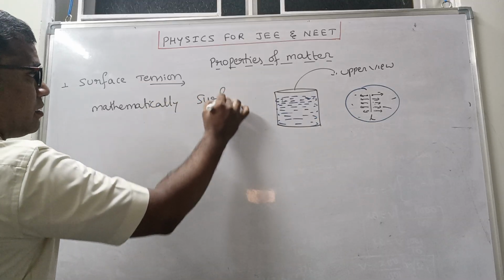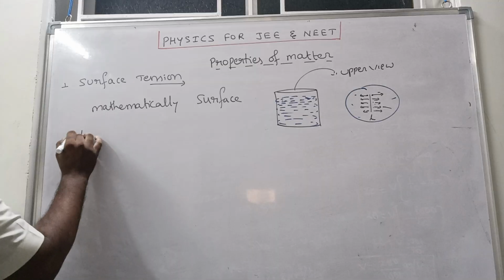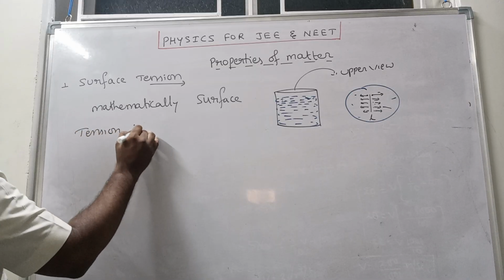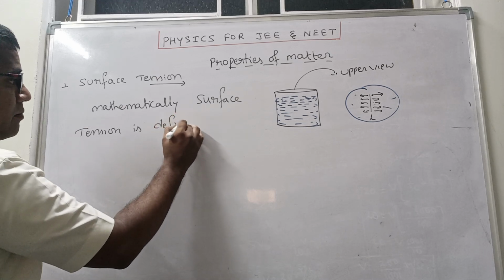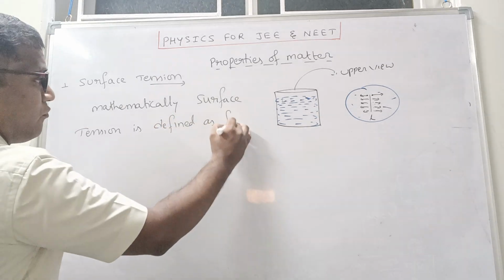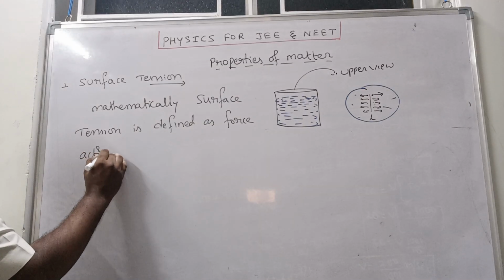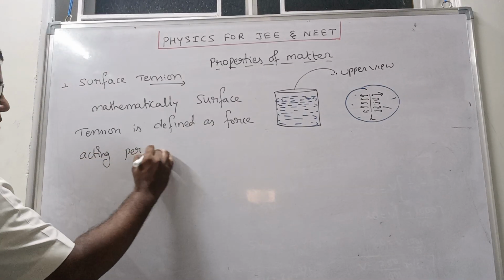So mathematically, surface tension is defined as force acting per unit length.